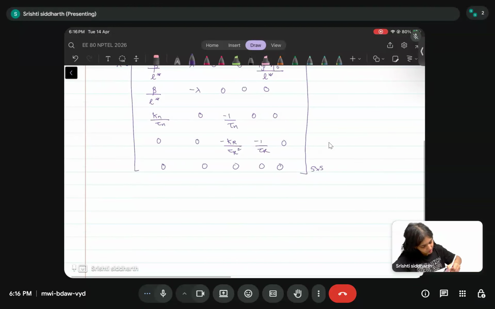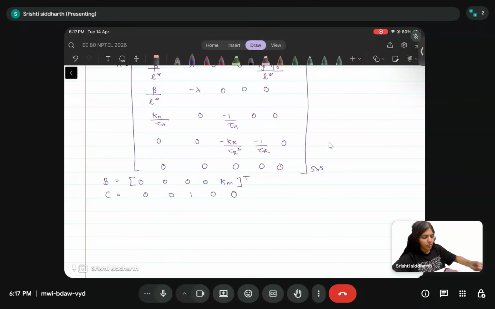And B, we discussed this, right? It's all zeros except the last entry, which is Kn. So this is Kn transpose. And we have C. We have two outputs, so there are going to be 2 rows and 5 columns. The first row is 0, 0, 1, 0, 0.